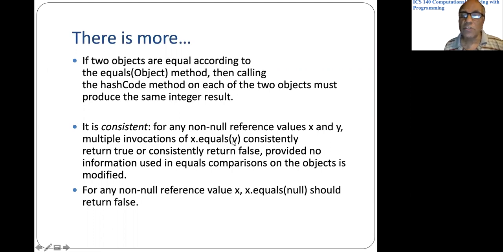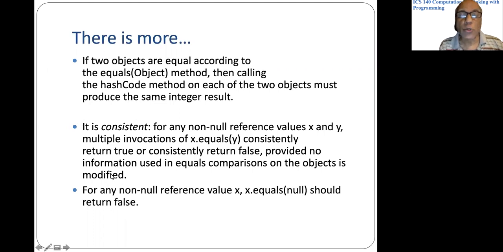Repeated calls of this should always return the same value, assuming, of course, that you haven't modified x or y. And x.equals(null) should return false. So when you code your equals method, ensure that all these conditions are satisfied.